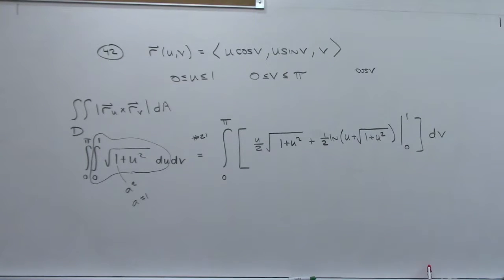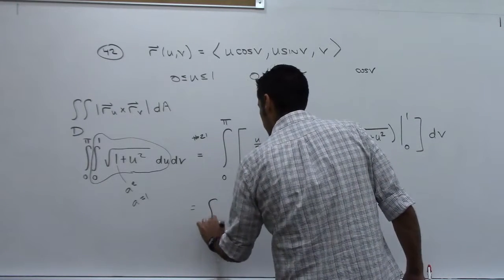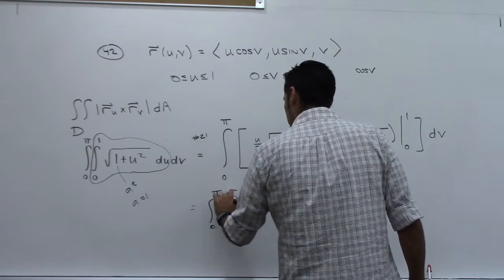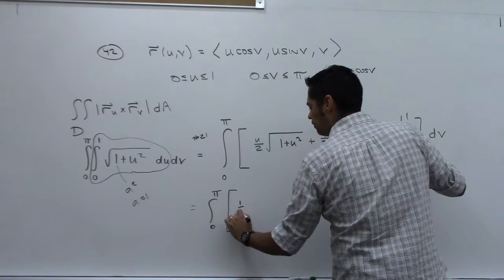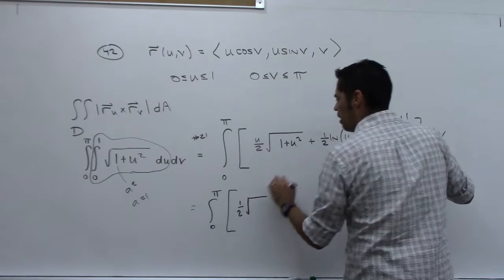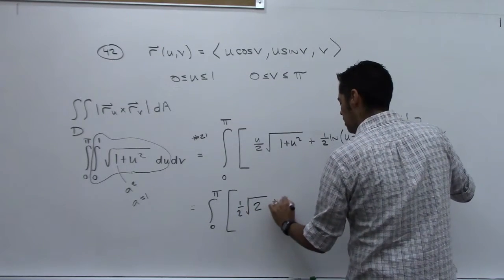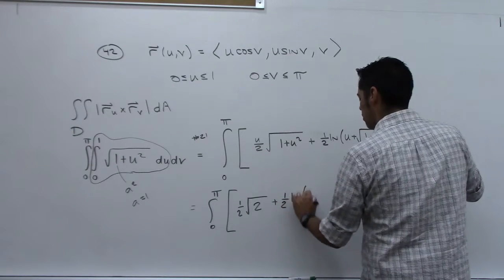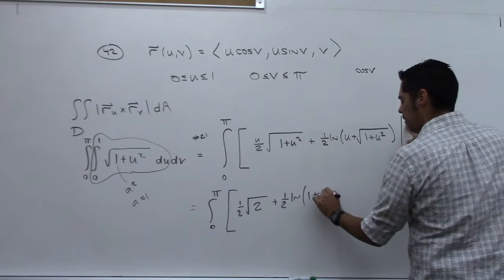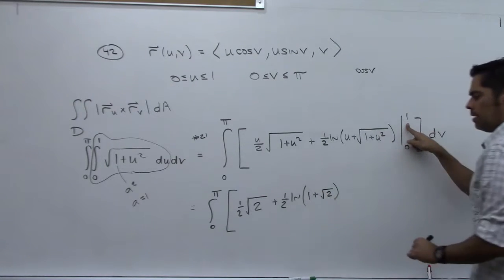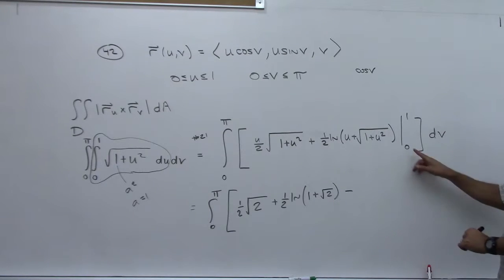So let's plug in 1 for u and see what we get. So integral 0 to pi. When we plug in 1, we get 1/2 square root of, 1 squared is 1, plus 1 is 2, so root 2, plus 1/2 natural log of 1 plus root 2. And now minus, let's see what we get when we plug in 0.